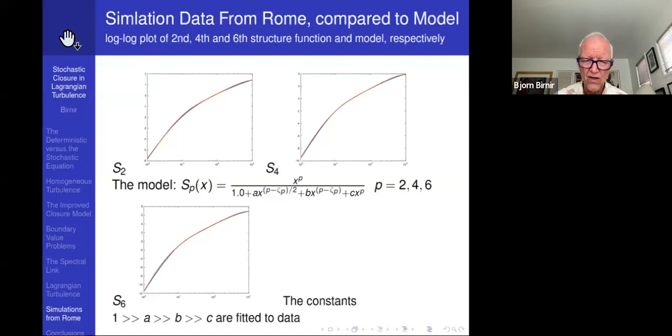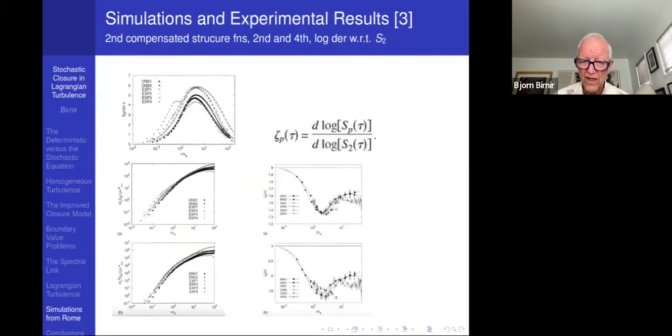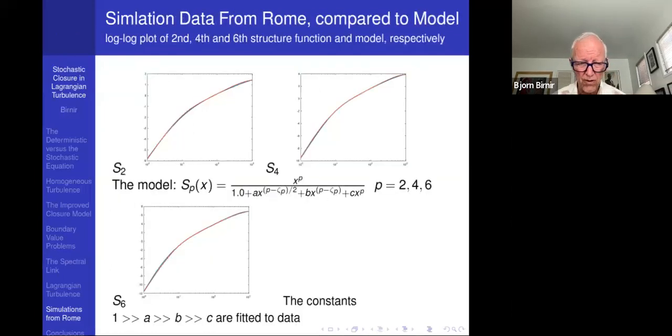So what we did was to model the structure functions, and we model them by assuming that they adhere to the Lagrangian scaling to begin with, then there's a passage over to Eulerian scaling, and at the very end we assume that you get a constant.